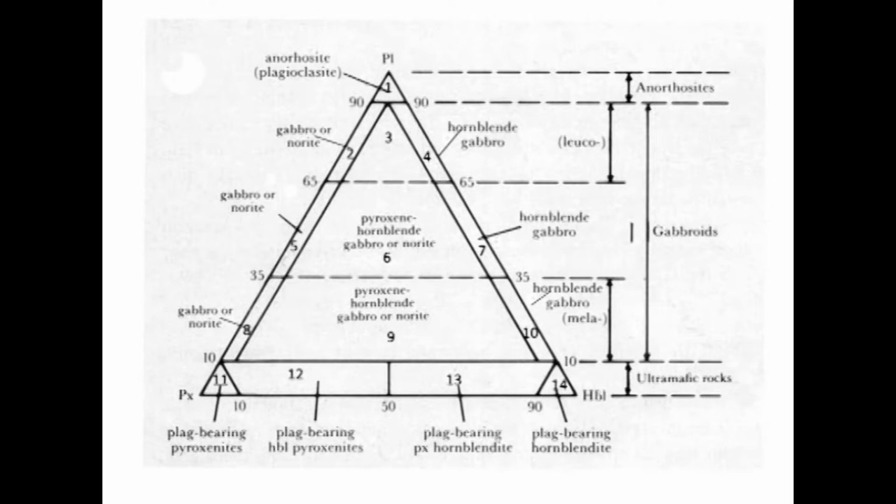On the basis of the triangular diagram, we can observe the different rock types, that is first anorthosite, second leucogabbro or norite, third pyroxene hornblende leucogabbro or norite, fourth hornblende leucogabbro, fifth gabbro or norite, sixth pyroxene hornblende gabbro or norite, seventh hornblende gabbro, eighth melagabbro or norite, ninth pyroxene hornblende melagabbro or norite, 10 hornblende melagabbro, 11th plagioclase-bearing pyroxenite, 12th plagioclase-bearing hornblende pyroxenite, 13 plagioclase-bearing pyroxene hornblendite, and 14 plagioclase-bearing hornblendite.